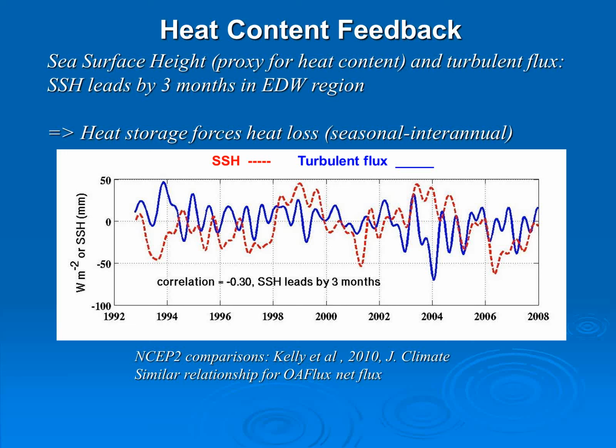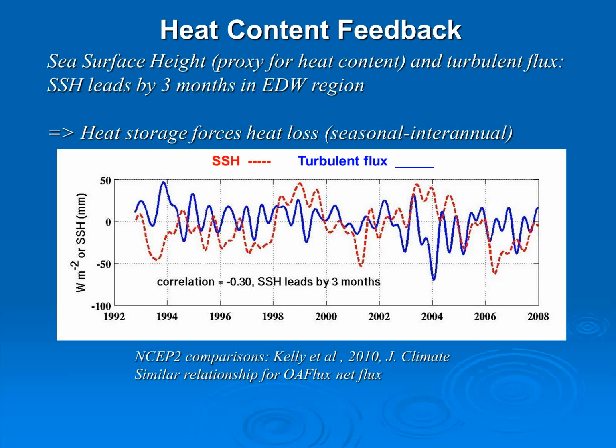The heat release to the atmosphere in the Gulf Stream region is related to the heat source in the ocean. This plot shows the anti-correlation of heat content, for which we use SSH as a proxy, and the turbulent heat flux. We get a similar anti-correlation with the use of air-sea surface flux.